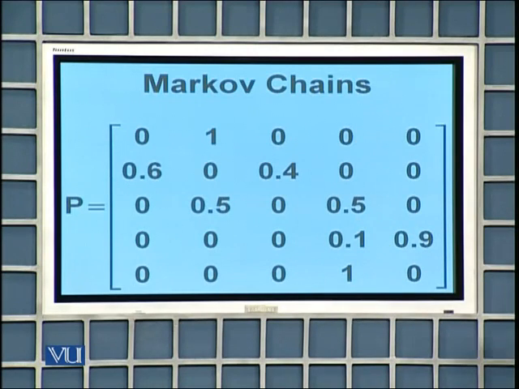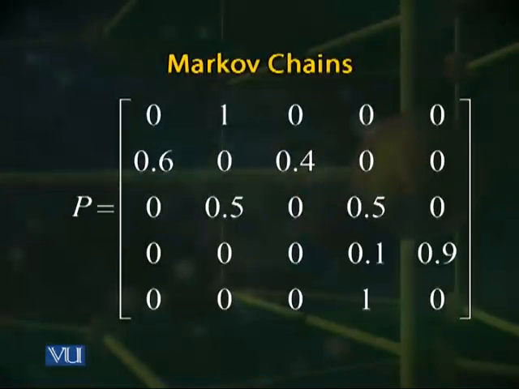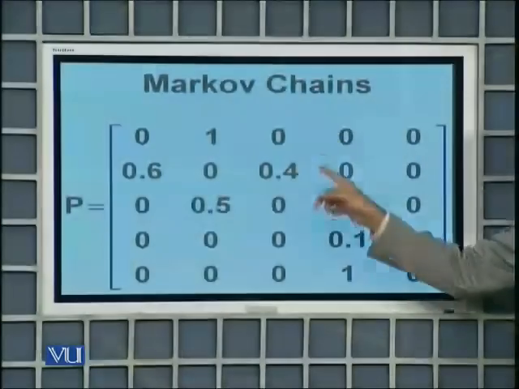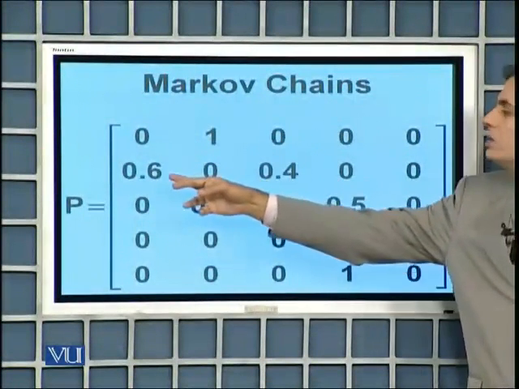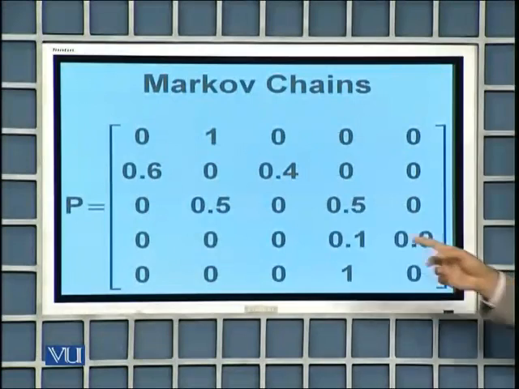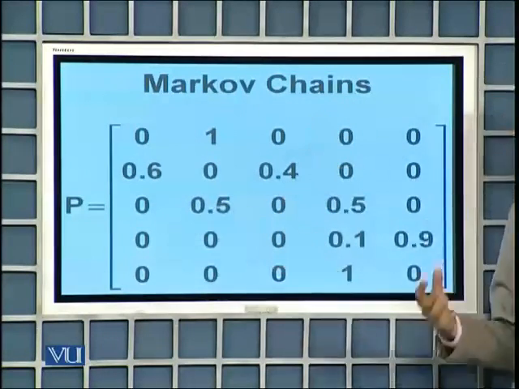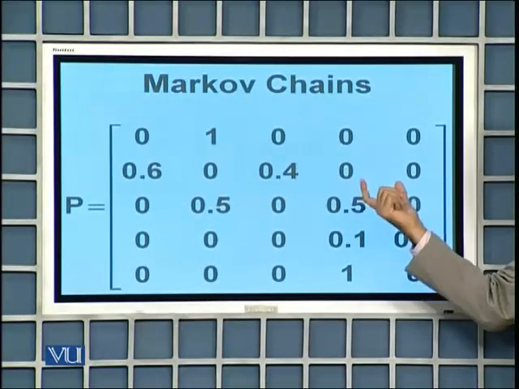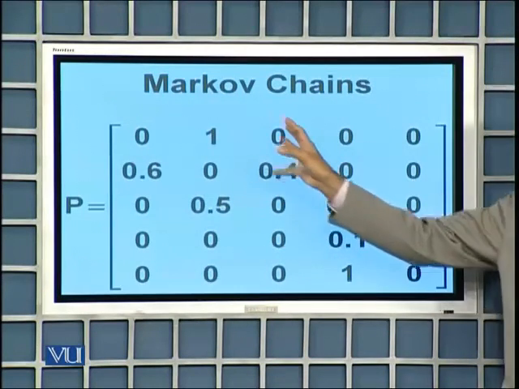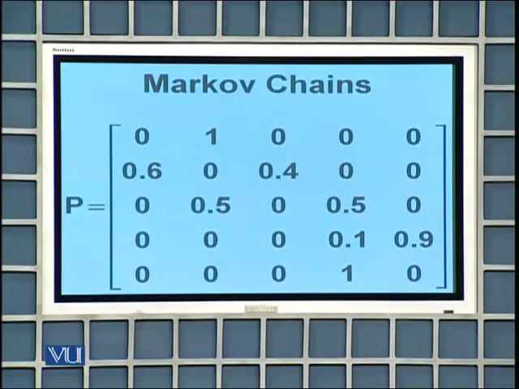Let's look at the sub-matrix corresponding to the 3 transient states, 0, 1 and 2. This is shown here. If you look at this sub-matrix, the sum of entries in the first row is 1, the sum of entries in the second row is also 1, but the sum of entries in the third row is 0.5, because the other 0.5 has gone out, which represents transition from this group of transient states to this group of recurrent states.